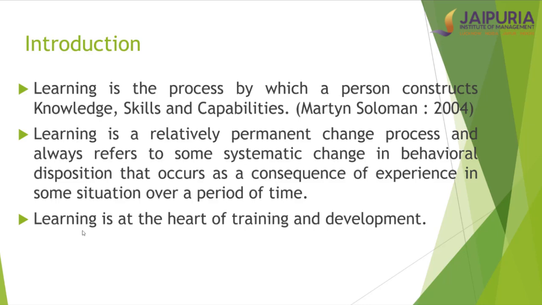It has some inputs and outputs also, and through this, the person is able to develop certain knowledge, skills, and capabilities. And unless and until there is a permanent change, you do not say that learning has happened. This permanent change should be in your behavioral disposition, and it happens through the experience that you have over a period of time.